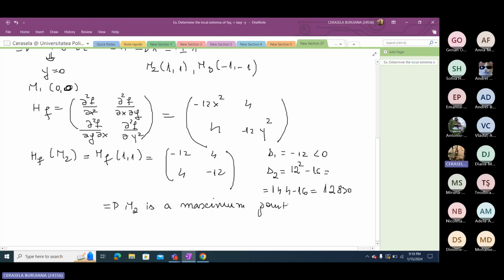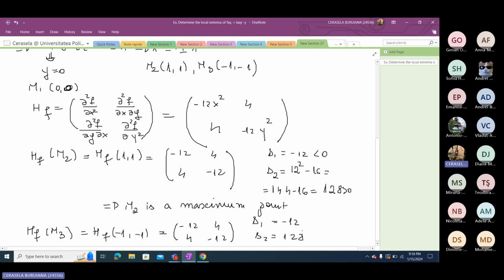Good. In the same way, faster, we study M3. Okay, the Hessian in minus 1, 1. I also get minus 12, 4, 4, minus 12. So delta 1 is minus 12. Delta 2, I can write directly, it's 128.